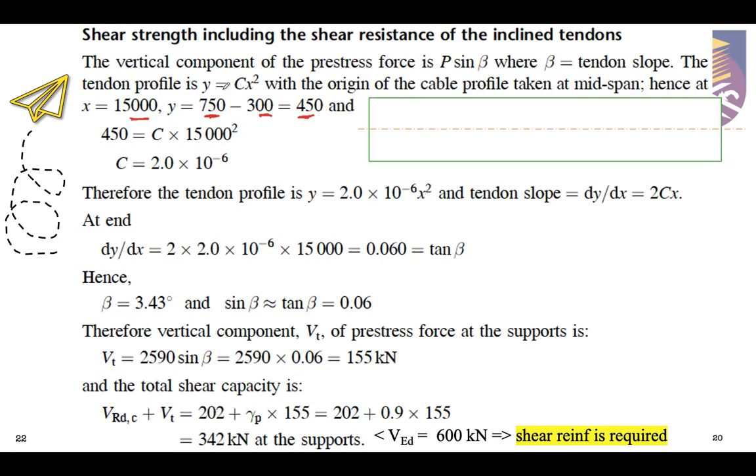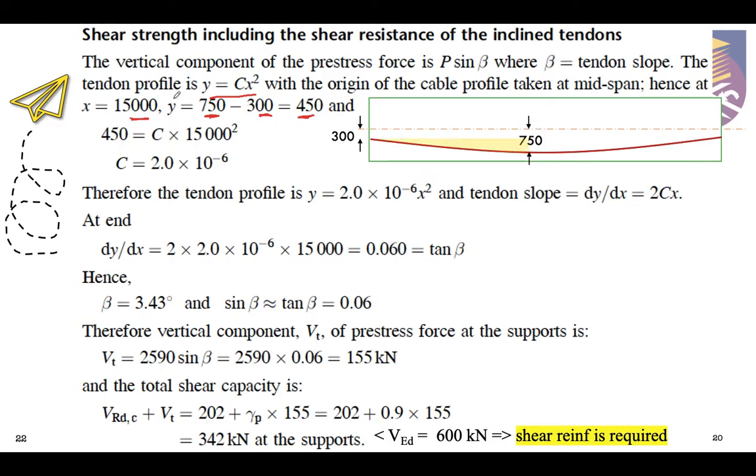This y equals to c times x square is the equation particularly for a parabolic curve, so we are going to use that in order to calculate the vertical component. As for this example, we have this eccentricity, so at midspan we have 750, and also at the end span we have 300, therefore we are going to consider this region.